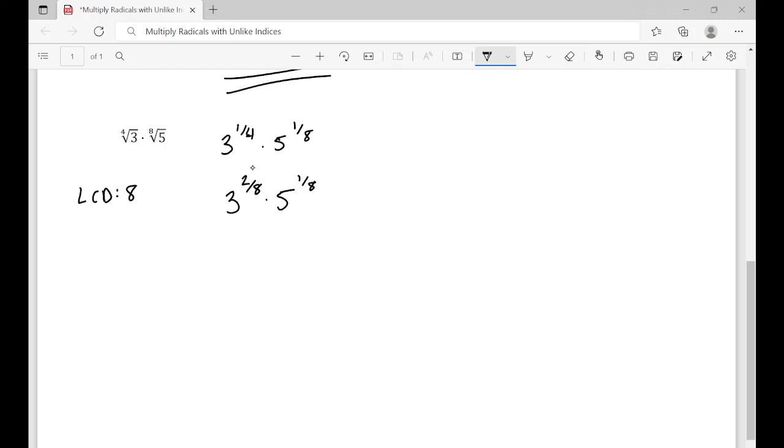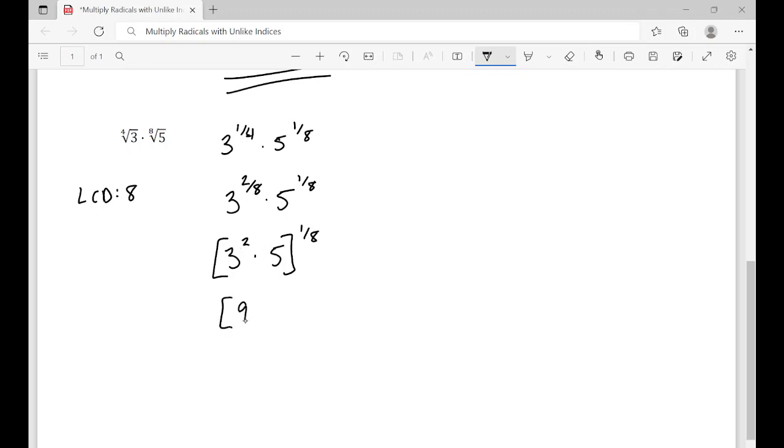And just like before, I'm going to factor out a 1/8 because that's what's common to both of these. So I'm going to have 3 squared times 5, all to 1/8. And now, just work on what's inside.